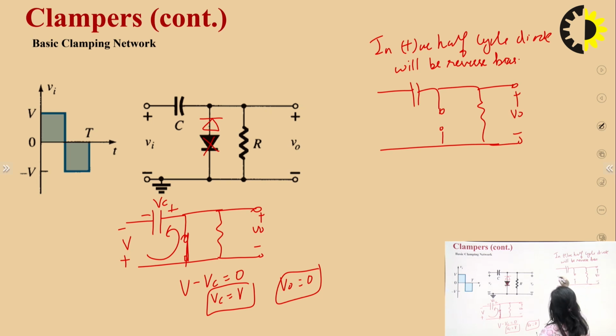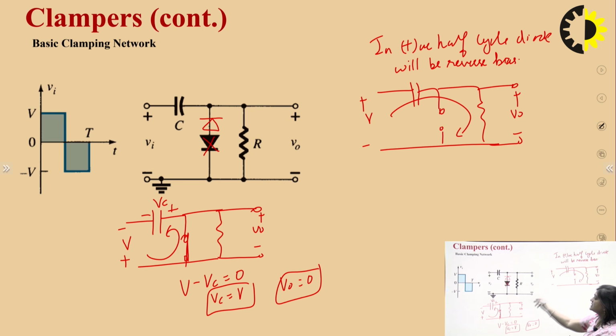Okay, so this is in the positive half cycle, so we will put here plus minus. Now current will flow in this direction, but the value of this resistance is very high, so all the voltage drop will be across this resistance R. So this capacitor will retain the charge.